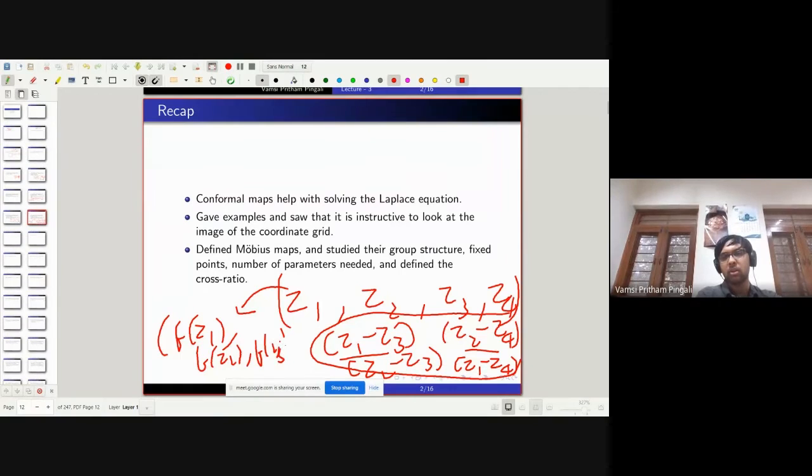And you can write a cross ratio for those 4 points. That cross ratio and this one will be one and the same. In other words, Mobius maps do not change the cross ratio of 4 points. The cross ratio of 4 points is an invariant under Mobius maps. Okay, so this is what we did the last time.